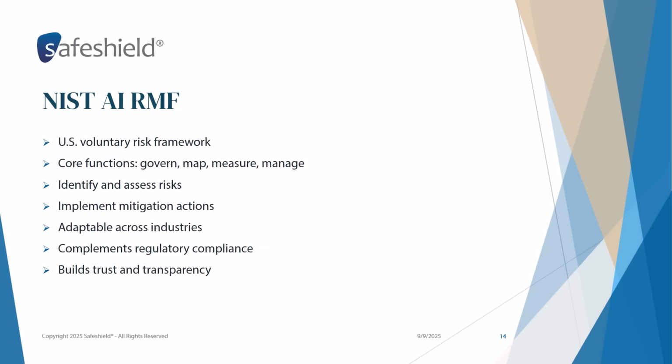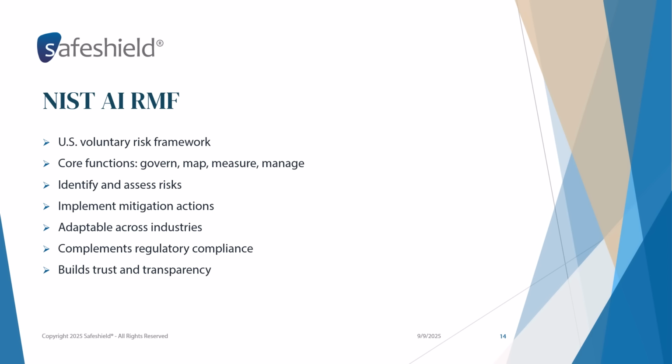The NIST AI Risk Management Framework, often referred to as the AI RMF, is a framework developed in the U.S. to help organizations manage the risks associated with AI. Released in 2023, it provides practical guidance for creating trustworthy AI systems. The framework is built around 4 core functions: govern, map, measure, and manage.